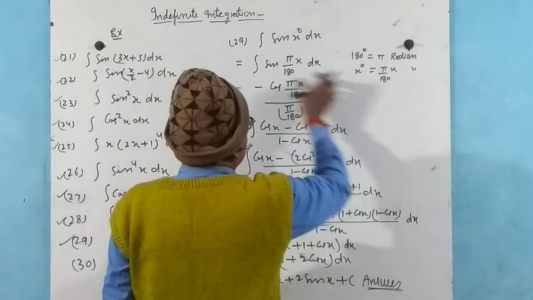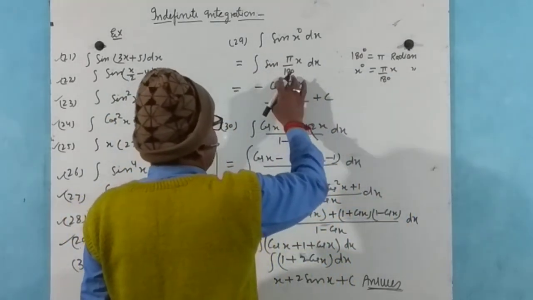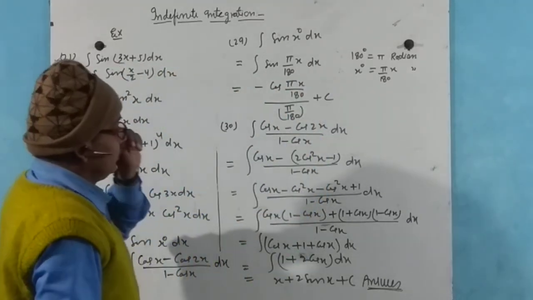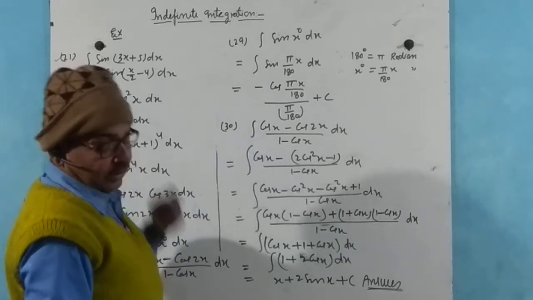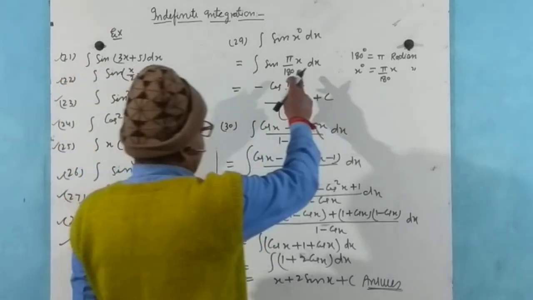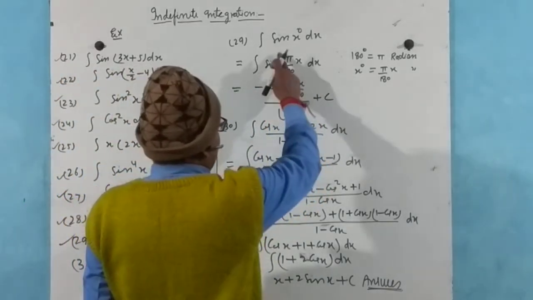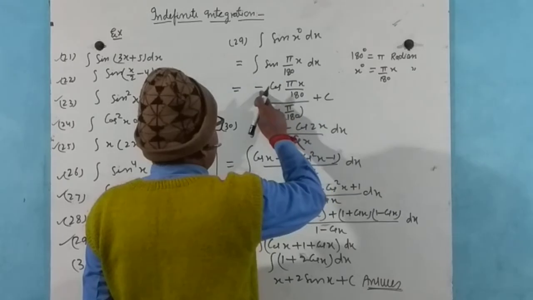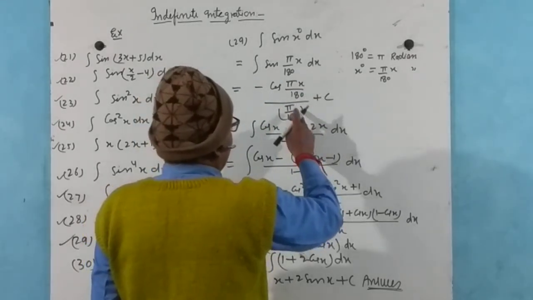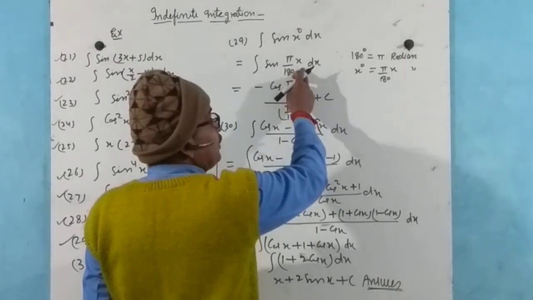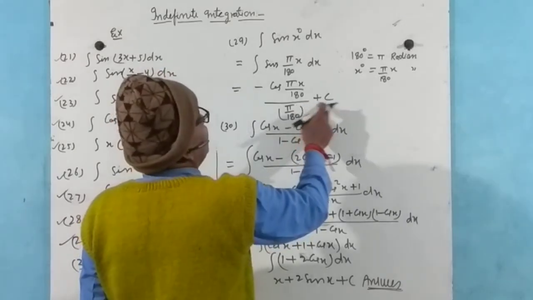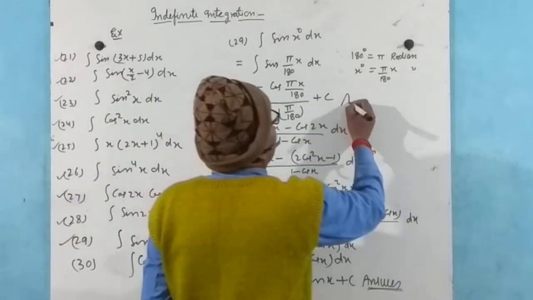Now putting this value here, the integration of sin of pi x by 180 dx is minus cos pi x by 180 divided by a, in the ax plus b form, where a equals pi by 180, plus c. This is our answer.